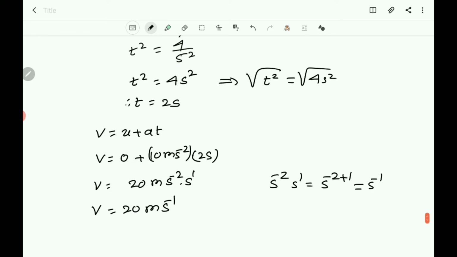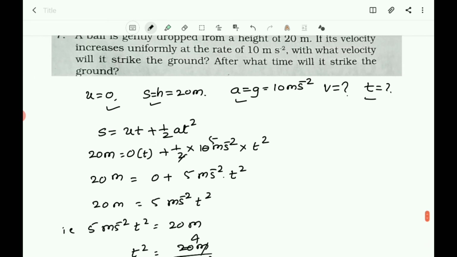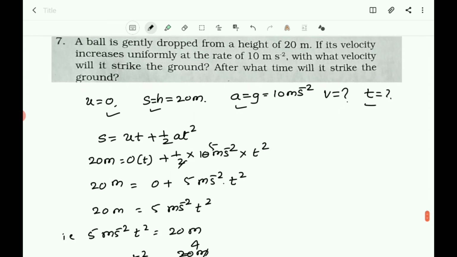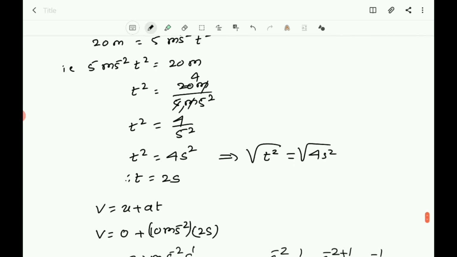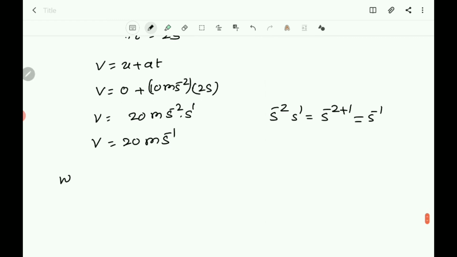So you got the answer for the question: with what velocity will it strike the ground? With velocity 20 meter per second it strikes the ground.